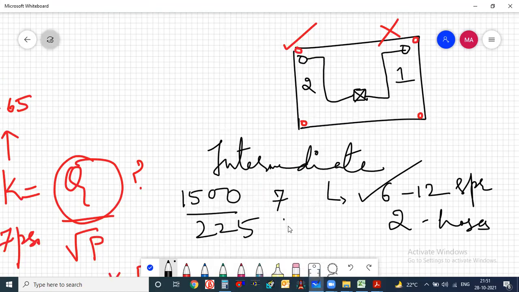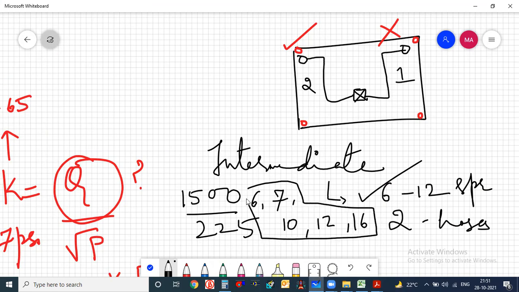Sometimes I can get 10 sprinklers, sometimes 12, sometimes 16. Any number can come. Sometimes I can go with 6 sprinklers also. So it depends actually. It depends on how you have the fixed area and the fixed coverage. How will it jump from 7 to 10 to 12 to 16? See how it will jump.